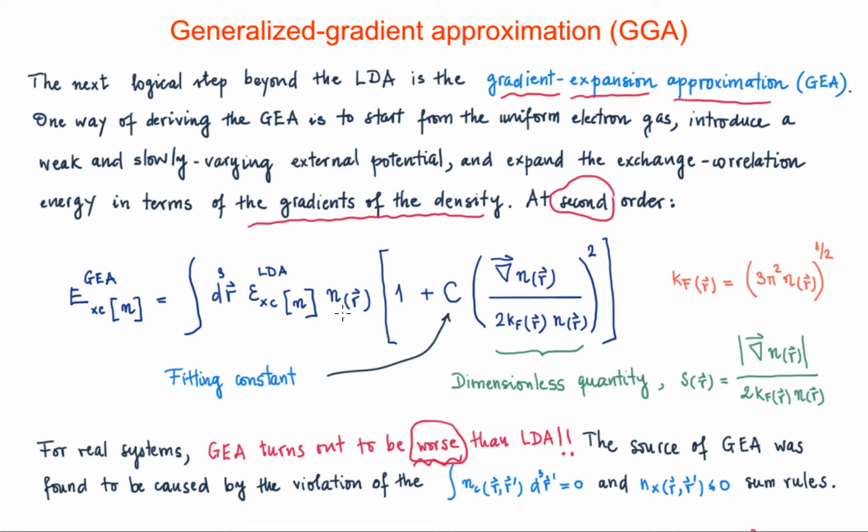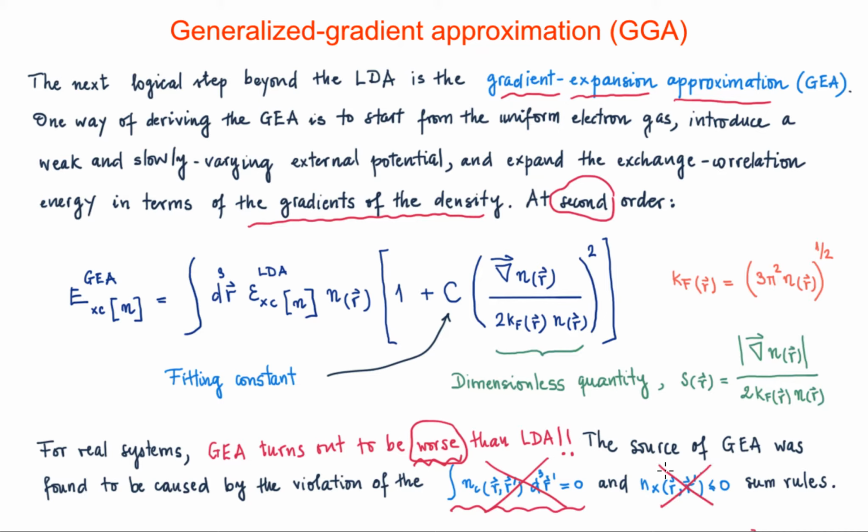This kind of exchange and correlation hole does not satisfy the following rules: that the integration of the correlation hole over the whole space should be 0, which is not satisfied, and also that the exchange hole should be negative.